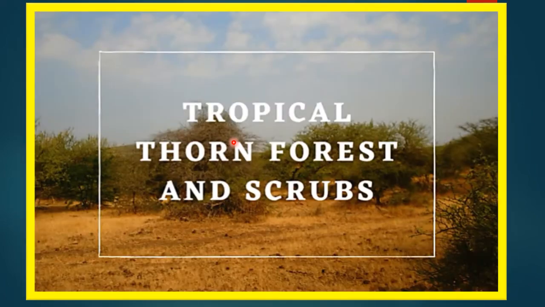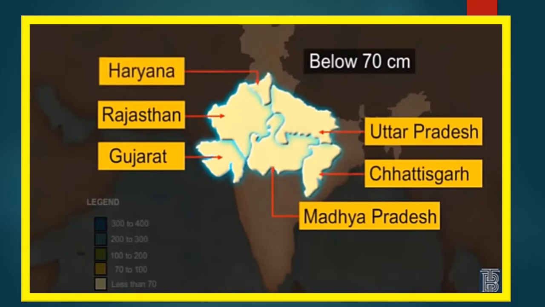Moving ahead to the third type of vegetation, that is tropical thorn forest and scrubs. The thorn forest and scrubs are found in regions with less than 70 centimeters of rainfall, and the natural vegetation consists of thorny trees and bushes.